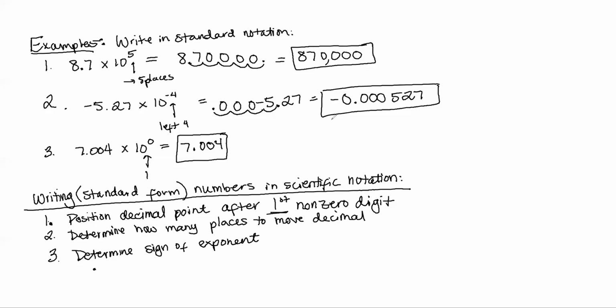So the way I like to think of this is if you start with a really large number, then you're going to have a positive exponent. And if you start with a really small number, then it's going to be negative.